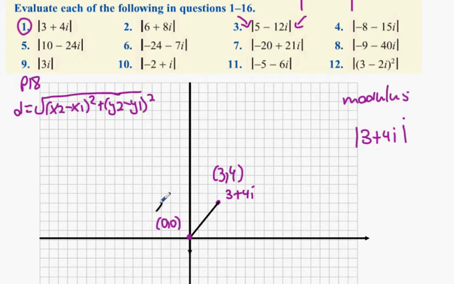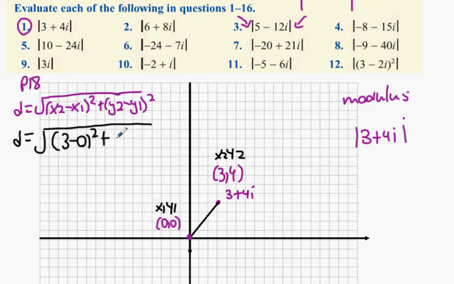Always let 0, 0 be x1, y1, and let whatever else you have be x2, y2. Then put them into your distance formula. What you get is 3 minus 0 squared plus 4 minus 0 squared. You put that into the calculator, and your answer is 5. So your distance is 5.